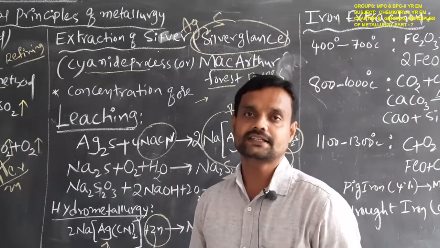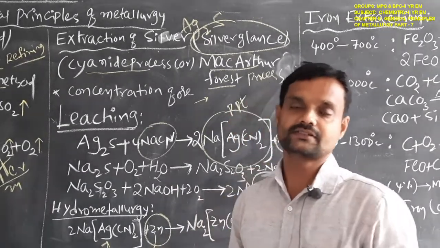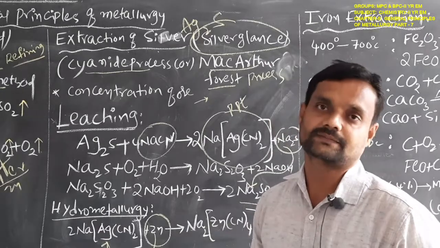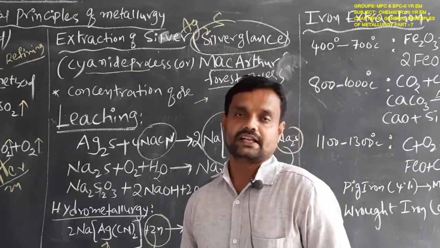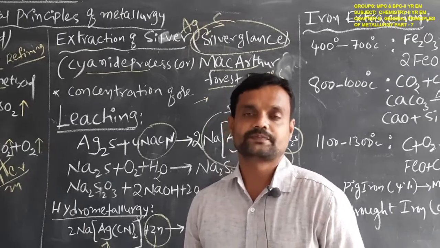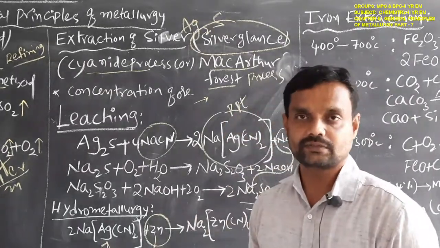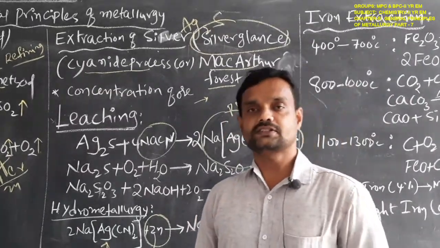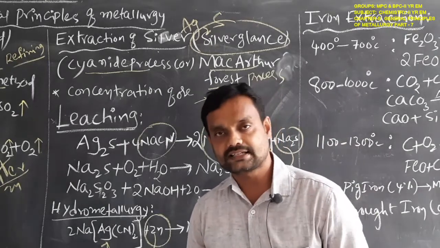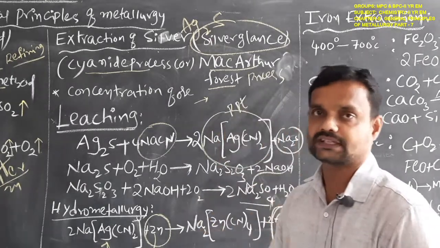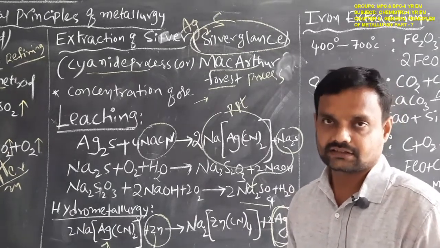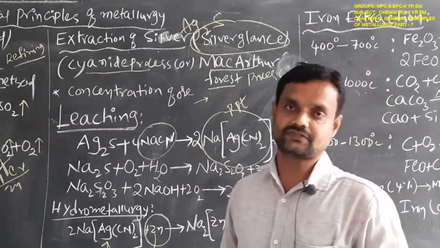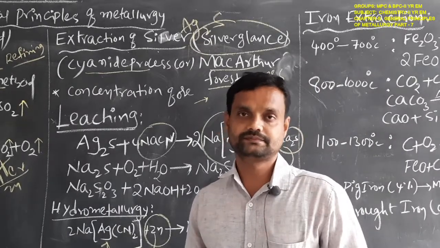For the refining or purification, we use the electrolytic method. In the electrolytic method, a suitable electrolytic solution, an anode and a cathode will be present. Always the pure metal acts as the cathode and the impure metal acts as the anode. During electrolysis, finally we get the purest form of the silver metal.